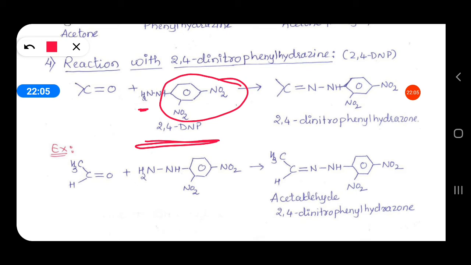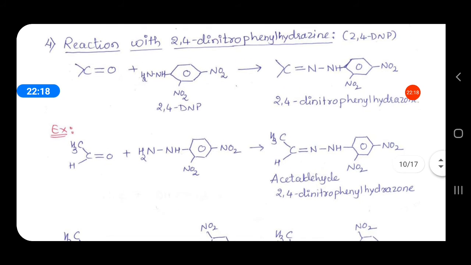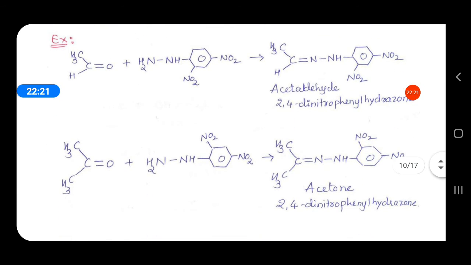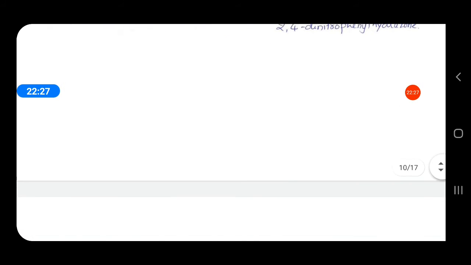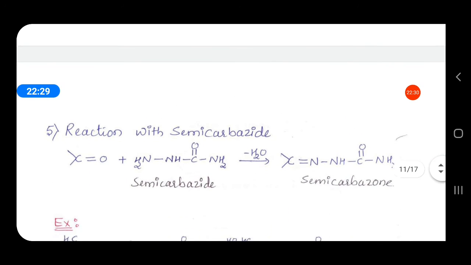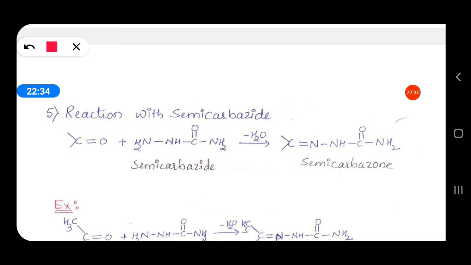When 2,4-DNP is treated with aldehydes or ketones, it gives 2,4-dinitrophenylhydrazones. So with the aldehyde, it gives the corresponding aldehyde DNP hydrazone, or with the ketone, then acetone 2,4-dinitrophenylhydrazone. Another derivative of ammonia is semicarbazide.